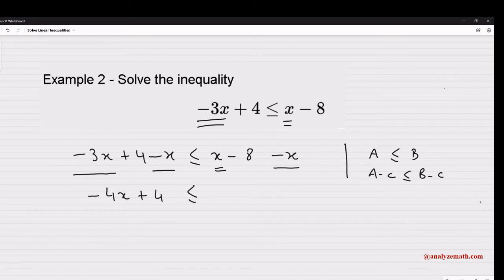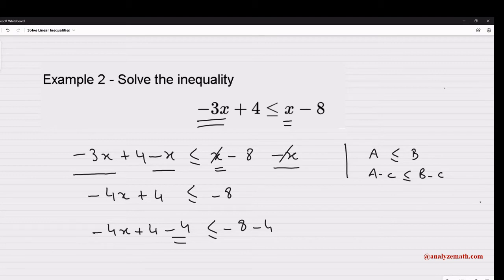On the other side, x minus x gives me 0. This was the purpose of subtracting x. Now we still have the 4 here. So we subtract 4 from this side. Why? Because 4 minus 4 gives me 0. That will leave the terms with x on its own.